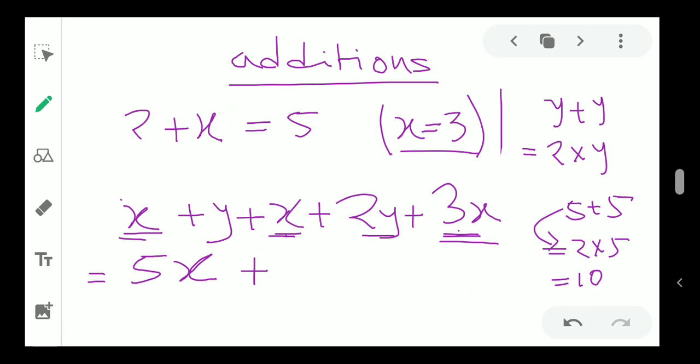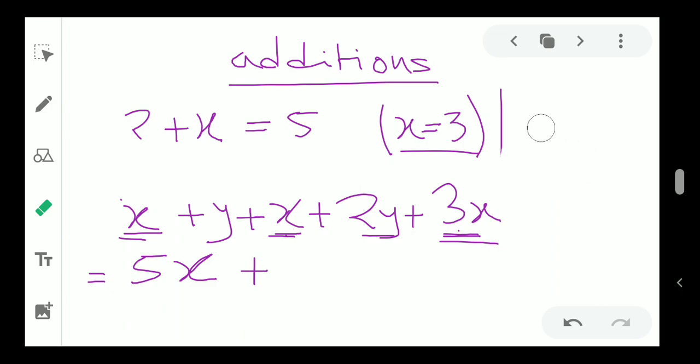In the same way, y plus y is equal to 2y, and already 2y is there, so in 2y there are 2 y's added up, and there we have another y, so in total there are 3y. What we did was add up the same terms.